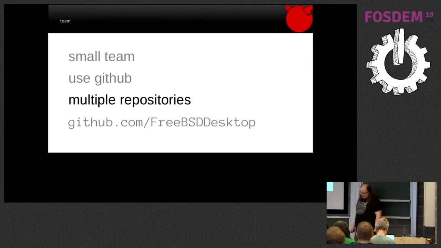This is where most development takes place, and then we move it into the official FreeBSD repositories. You can find the team at github.com/FreeBSDDesktop. This is also where you find sources for all our ports of the drivers, as well as some library shims for Linux compatibility. You can open issues there if you don't want to use FreeBSD Bugzilla, or you can make pull requests there.